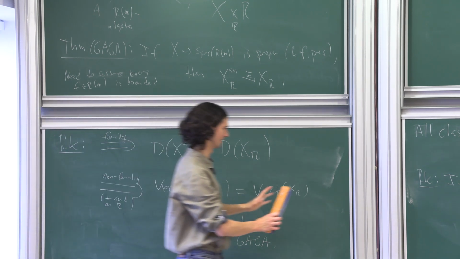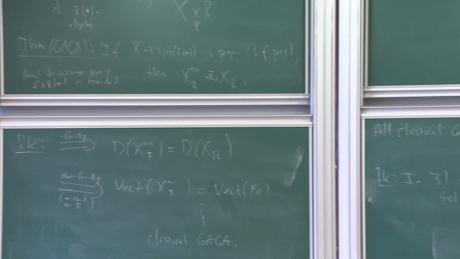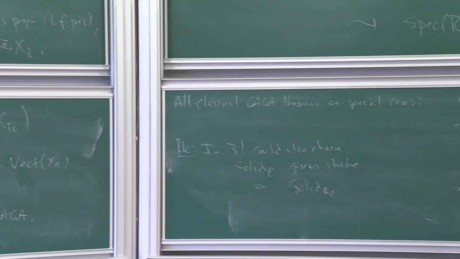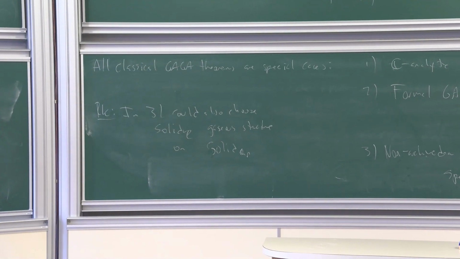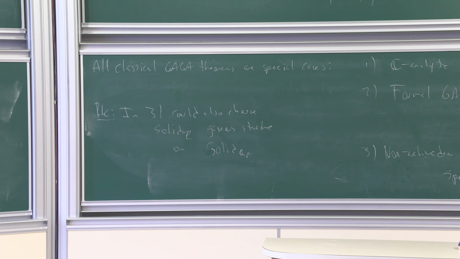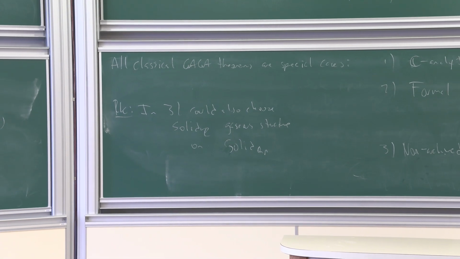Yeah, I'm sorry. So you don't get a GAGA statement at all in this context because 1 over p is never going to be, if you try to make 1 over p bounded in that sense, then you're just going to kill everything. So in the solid Q_p setting.